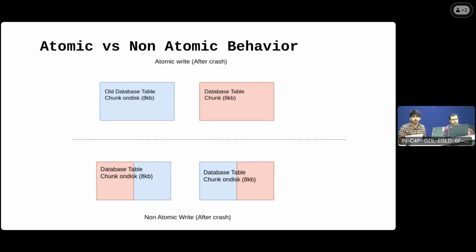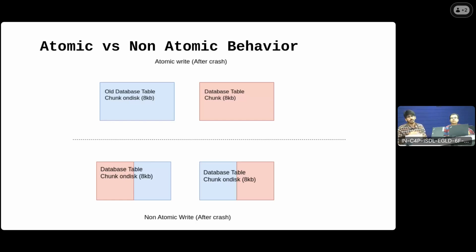On the left side, it would have completely old data, or as depicted on the right, it would have completely new data. Similarly, in the non-atomic examples at the bottom, after a crash, either the left half would be new and the right half old, or vice versa. So that is the difference between atomicity and non-atomicity.